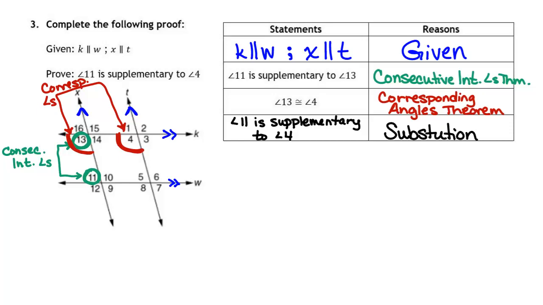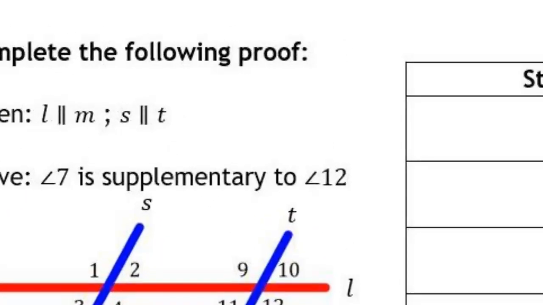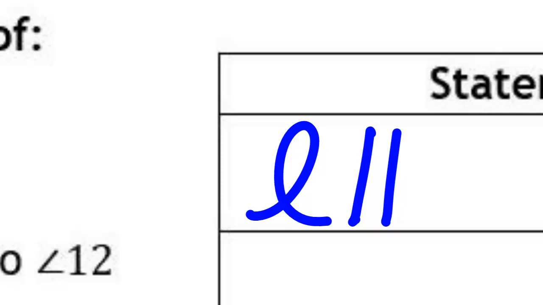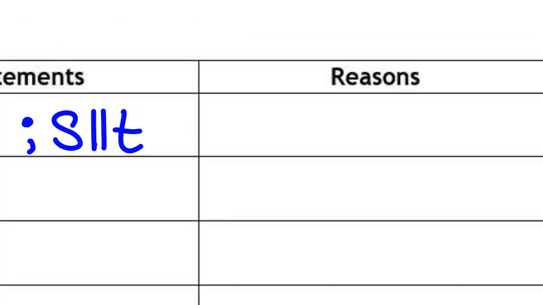We get to fill in this whole thing. What do we start off by knowing in number 4? What do we begin with? L is parallel to M, and what else? S is parallel to T. My reasons? Given.